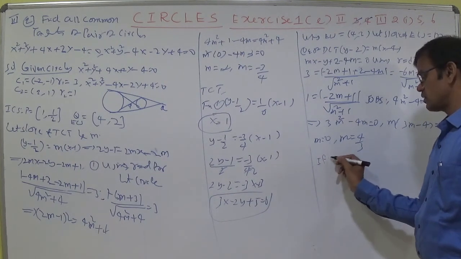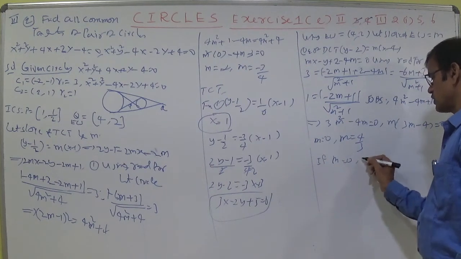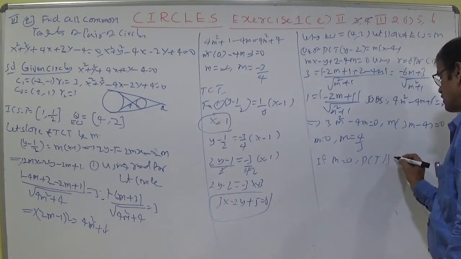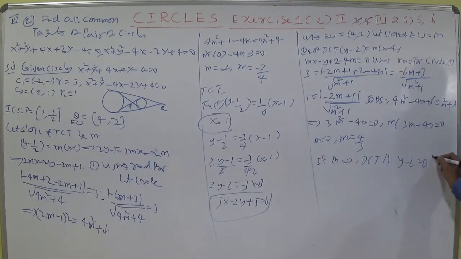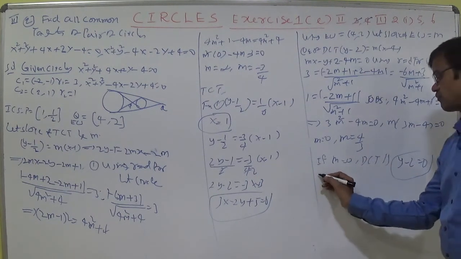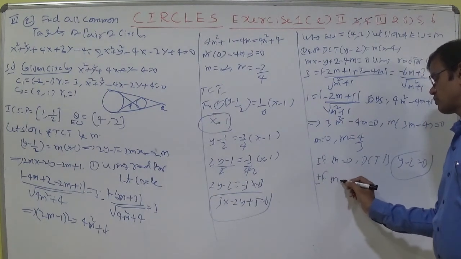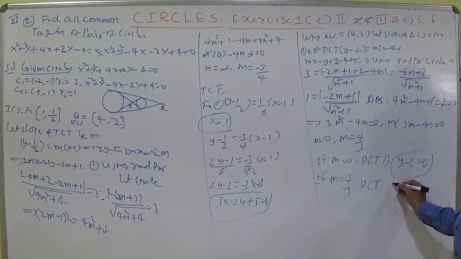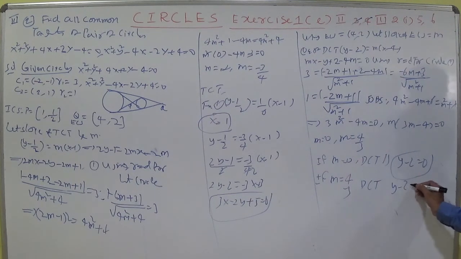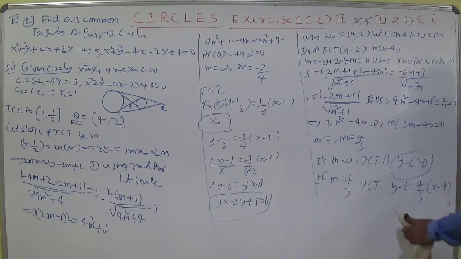If m is equal to 0, substituting in this, the tangent is y minus 2 equal to 0, that's all. If m is equal to 4 by 3, the tangent is y minus 2 is equal to 4 by 3 into x minus 4.